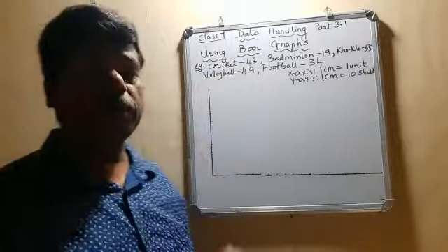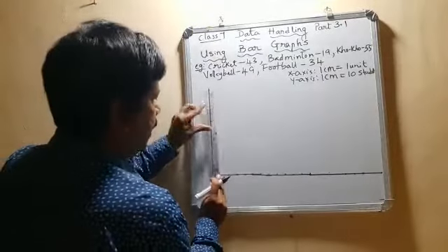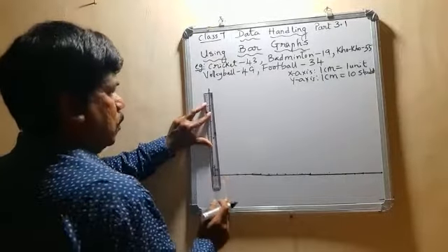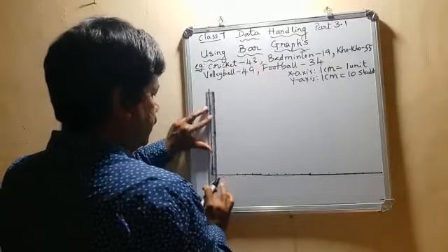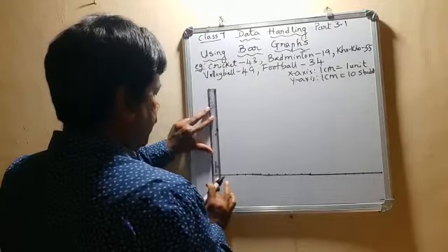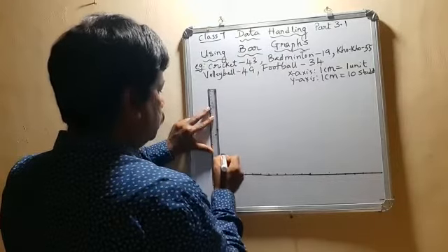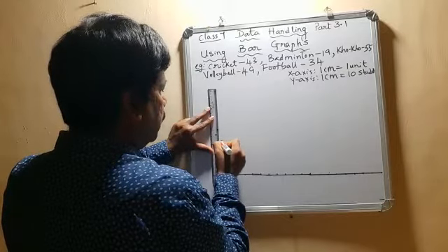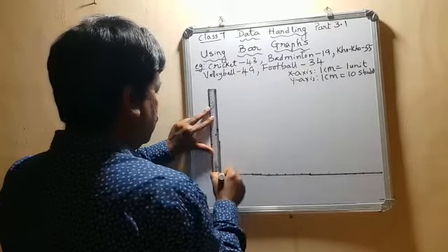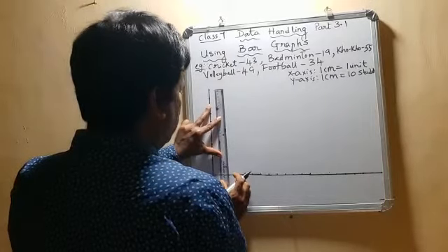Cricket has 43, correct? So this part, let us mark as 4 centimeters, isn't it? 4.3 is required. So I have to choose the scale in such a way that it is 1, 2, 3, 4, and 4.3 is here.